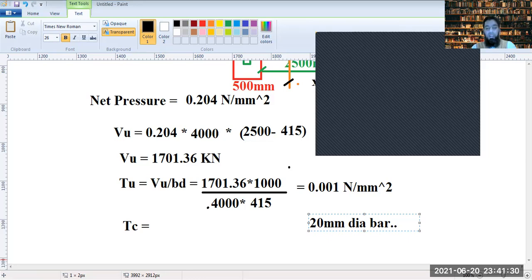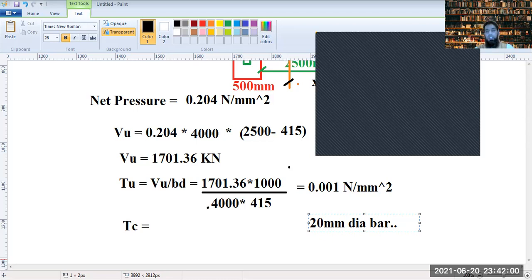So that would be 314, so 3140 mm square of the bars that we are providing.